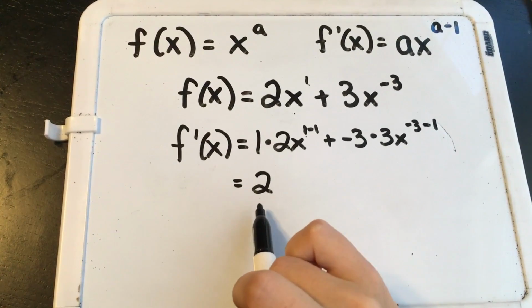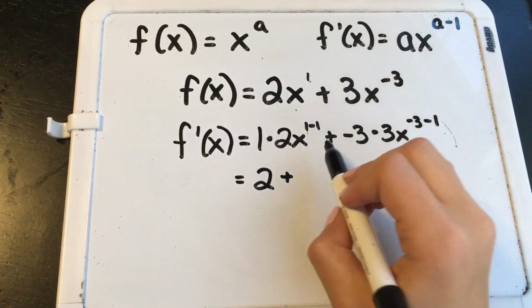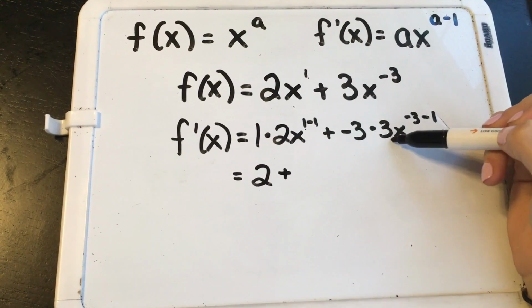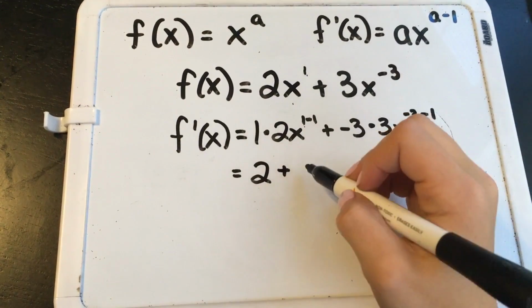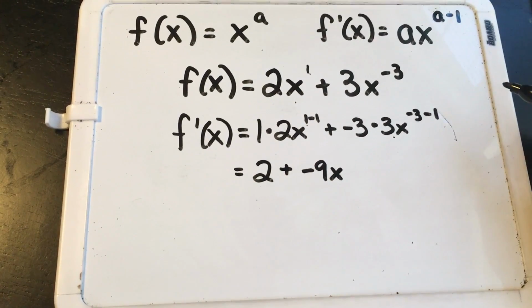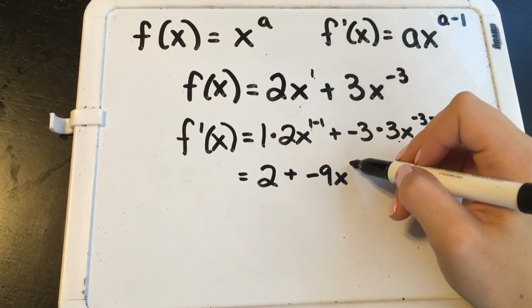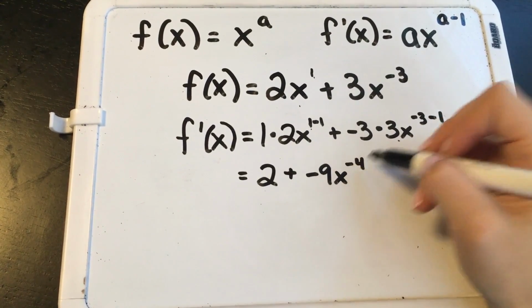That's important because this comes up very frequently. Plus, negative 3 times 3 is just negative 9x raised to the negative 3 minus 1, which is just negative 4.